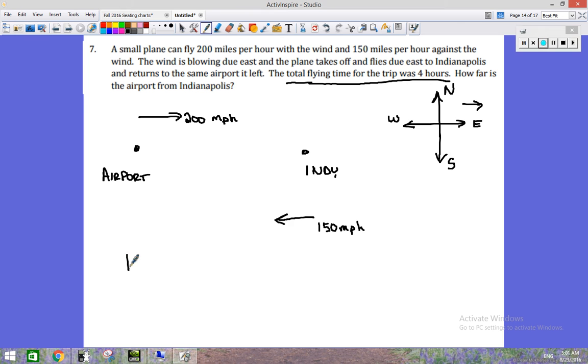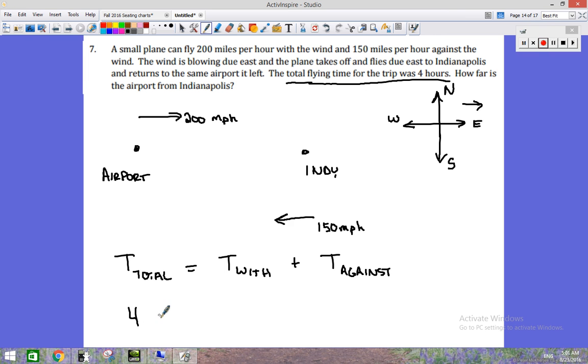So our total time, there's two legs to this trip. When you're flying with the wind, that's towards Indianapolis, and when you're flying against the wind, that's flying back to the airport, the way we've drawn it. All right, so our total trip time was 4 hours.